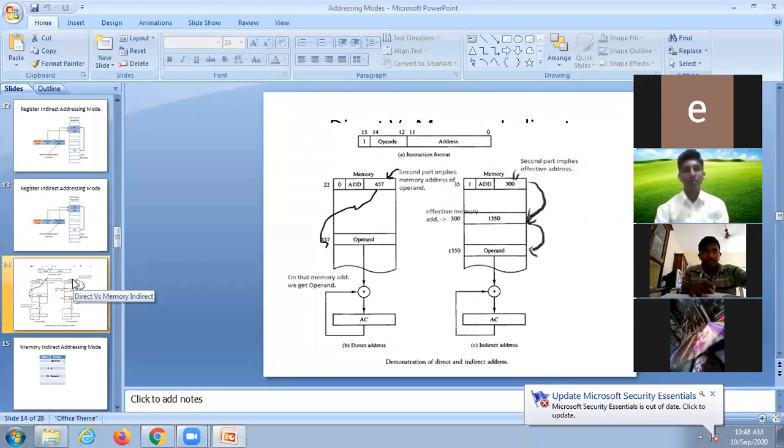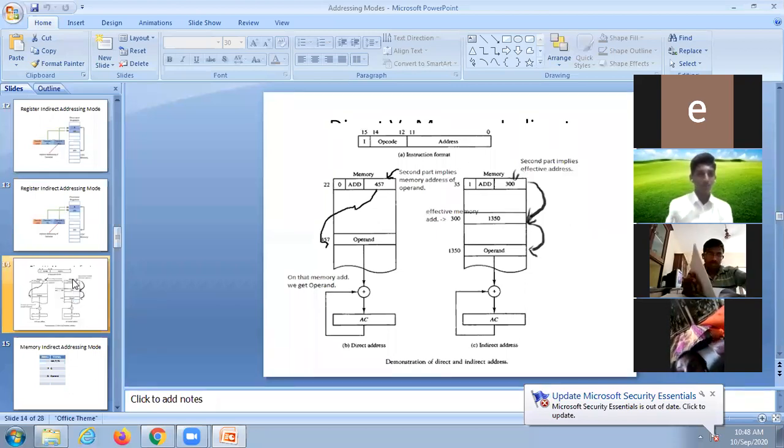I will repeat once again the topics covered: implicit addressing mode, immediate addressing mode, register addressing mode, absolute addressing mode, then indirect addressing mode. So till now 5 addressing modes are covered.